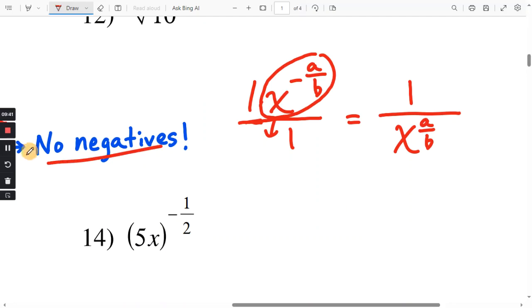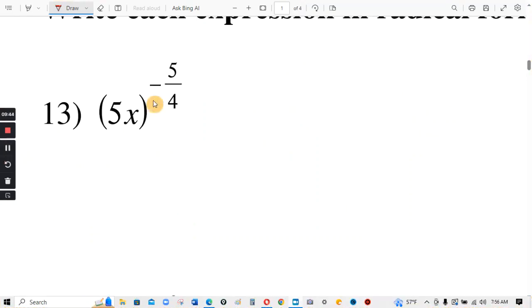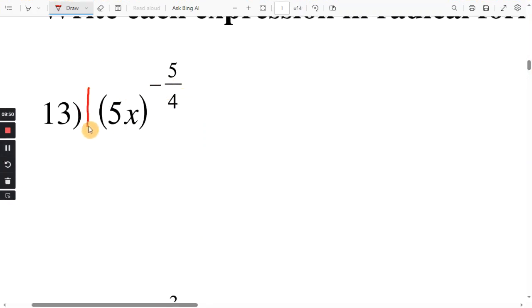All right, number 13, we have a negative exponent here. So we can multiply this whole thing times 1. That doesn't do anything. We can put this whole thing over 1. What I'm going to do is take this whole thing right here and move it to the denominator, and what that does is change the plus-minus sign on the exponent.